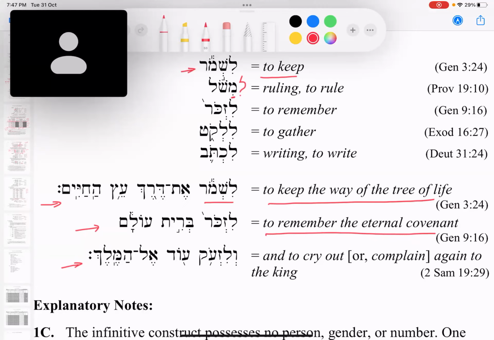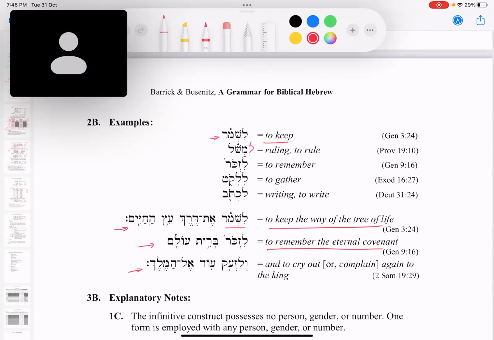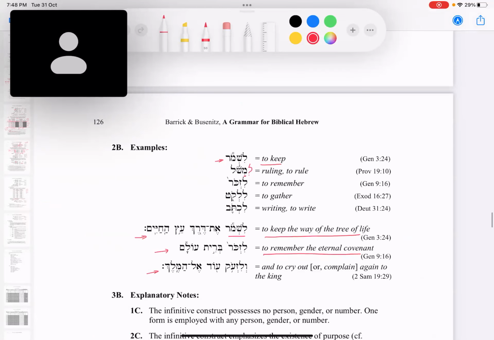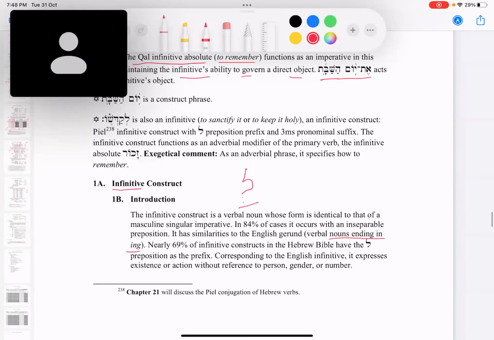And secondly, it emphasizes the fact of the act rather than the doing of it. These are the two things you need to remember. Otherwise, the infinitive construct is very easy. It is similar to the preposition Lamed with Shiva. Any confusion, if you are not understanding this infinitive construct?